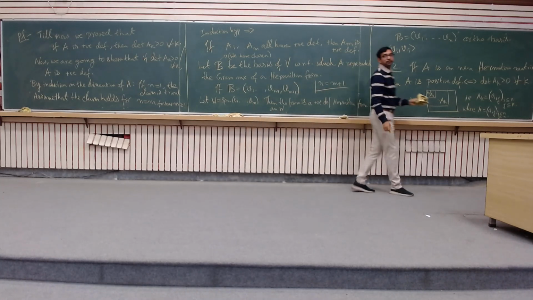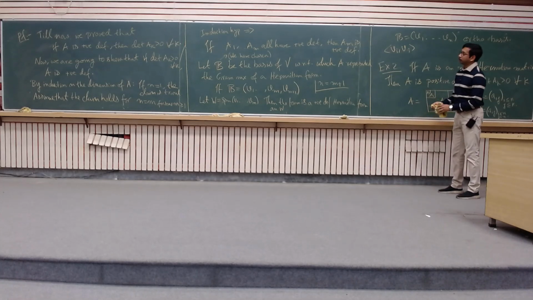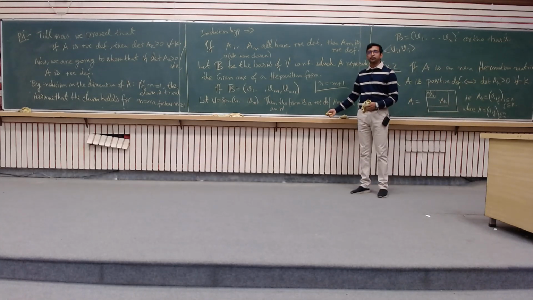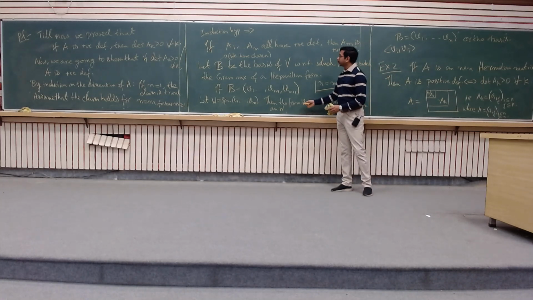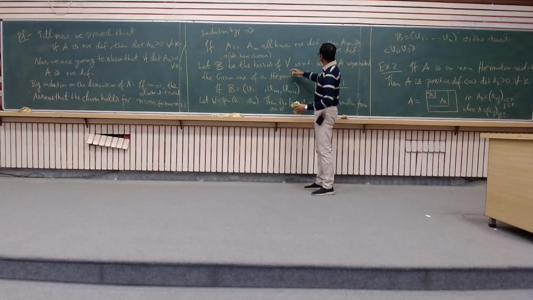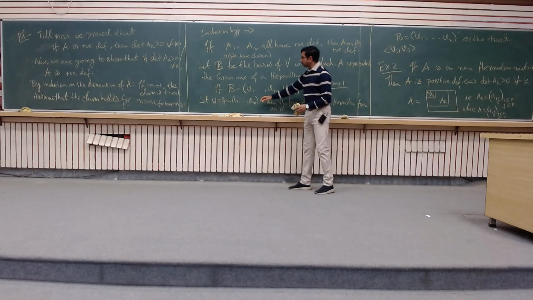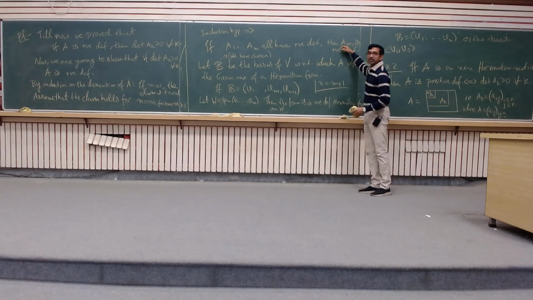That implies what? Because by the induction hypothesis we know that Am is positive definite, right? Now the restriction of the form to W gives Am as your Gram matrix, right?